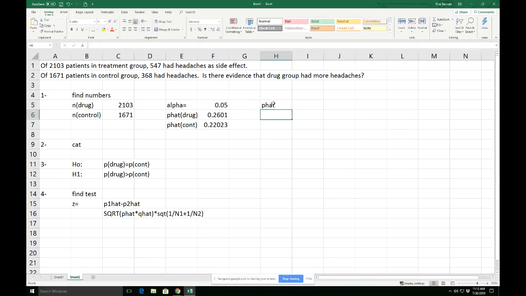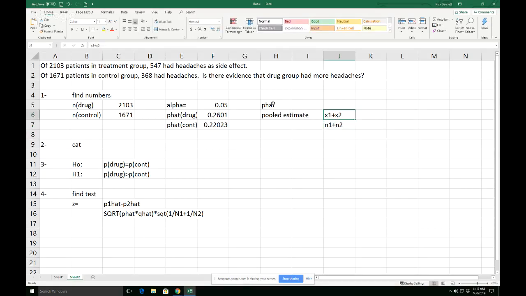P hat is what we refer to as the pooled estimate, and I did not write that on the board, I should have. It's going to be x1 plus x2 over n1 plus n2.